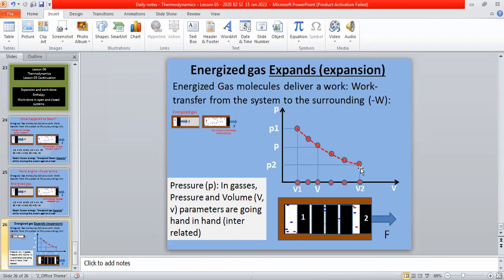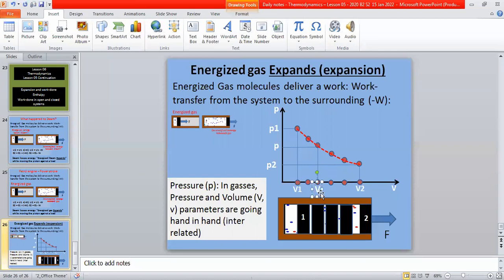So we have to look into how this P and V is changing. Of course, T also has a connectivity. Even P and T we can draw, but let's say P and V go hand in hand.